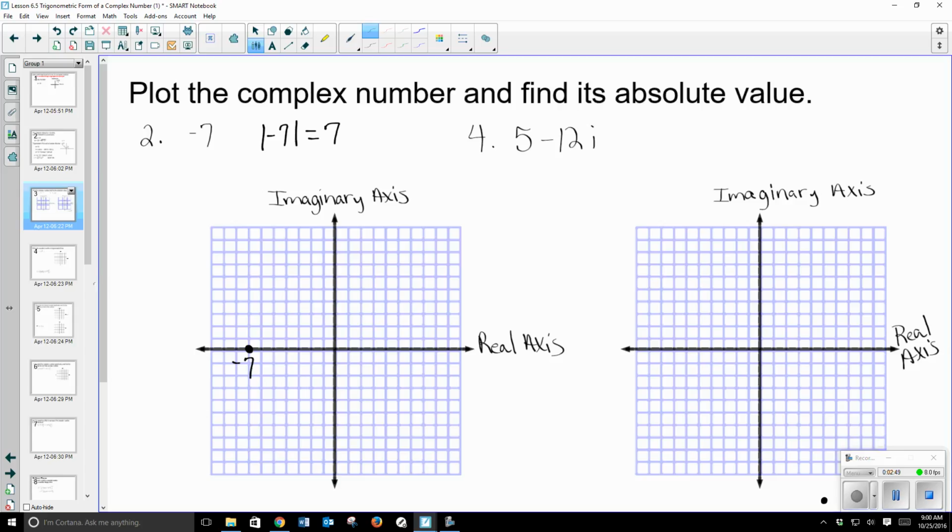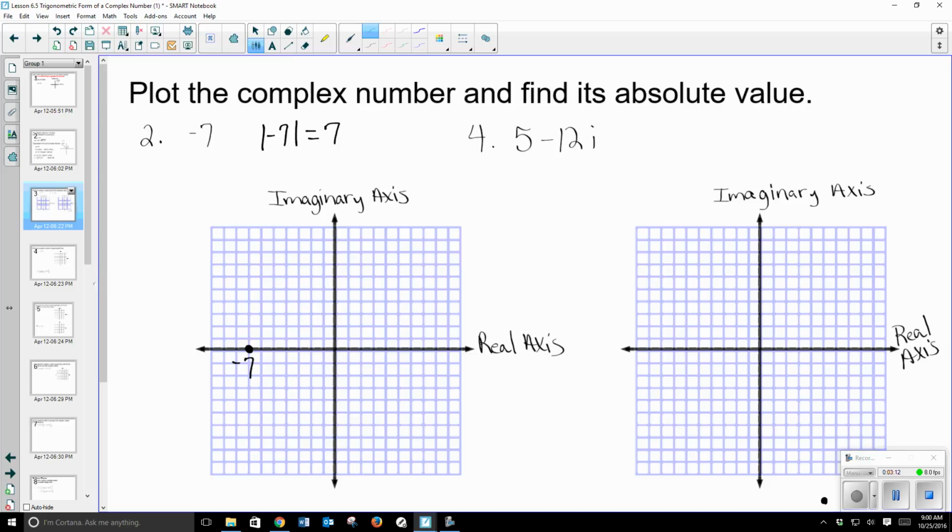To plot the complex number 5 minus 12i, you go to the right 5 and down 12. 1, 2, 3, 4, 5, then down to 12.